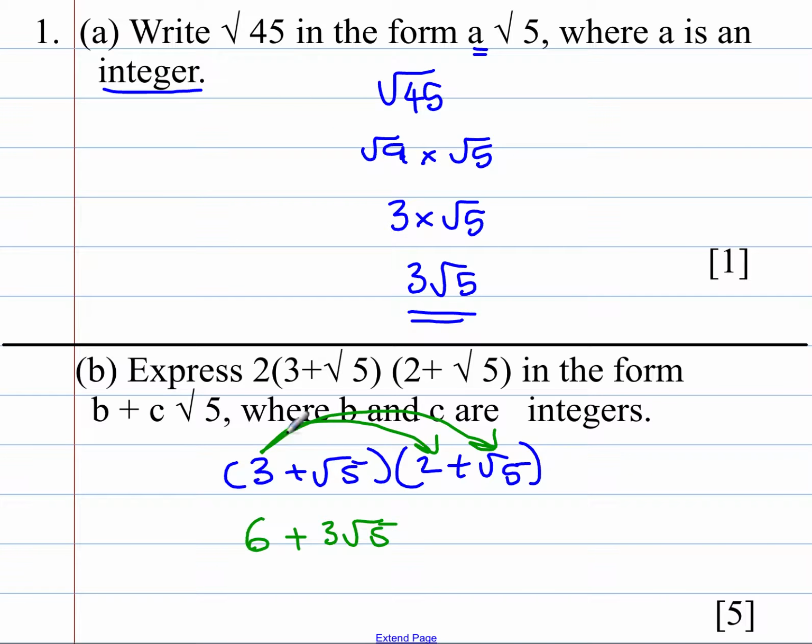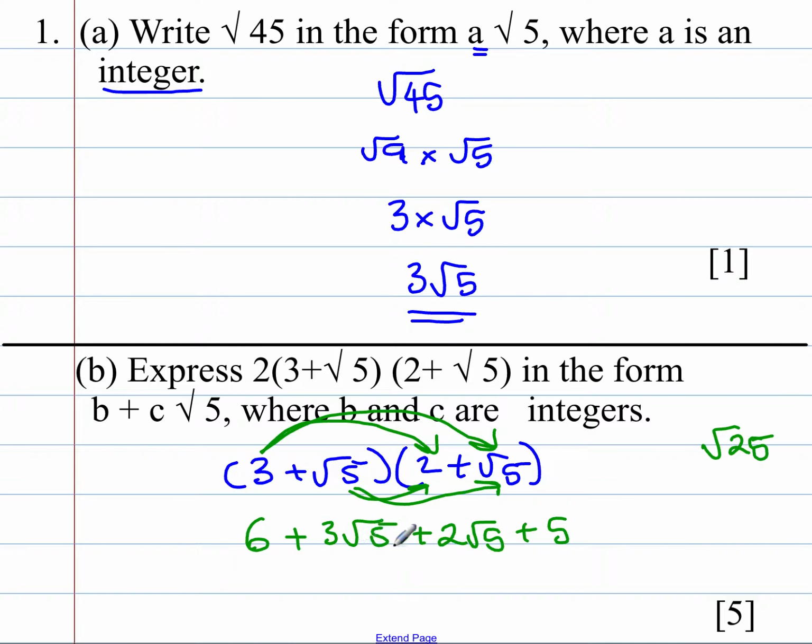Okay, so first, outer, then we do the inner. So we're going to do root 5 times 2, which is 2 lots of root 5. And root 5 times root 5, which is our last, is actually root 25. But if you square root 25, it will take me back down to 5. So I've got this plus 5 over here.